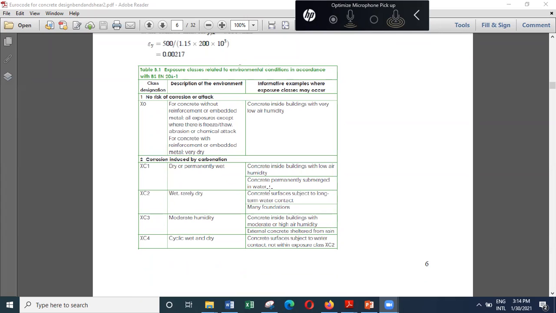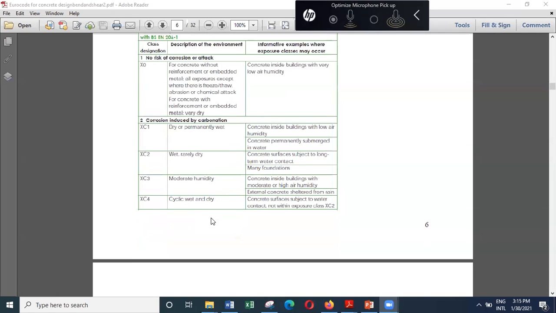If you have moderate humidity and wetting and drying conditions, then most of the time the exposure condition can be XC2 or XC3, and if the conditions are even more adverse, then you can even go for XC4.